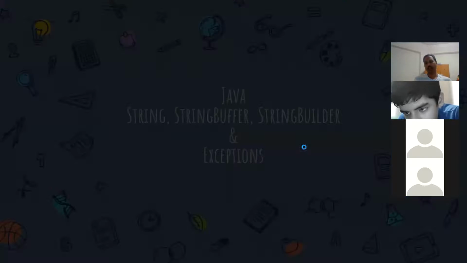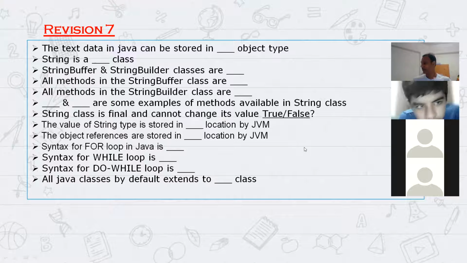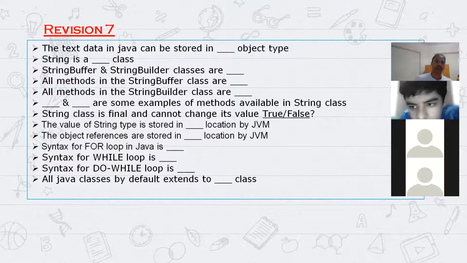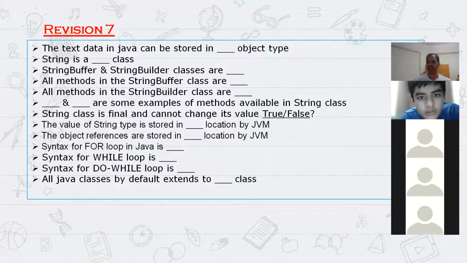Today we'll see about the exceptions also. Now, as usual, we will check the revision part first, like what we do regularly. First question is to Ila. Ila, are you there? Can you read out and then answer it? The text data in Java can be stored in dash.